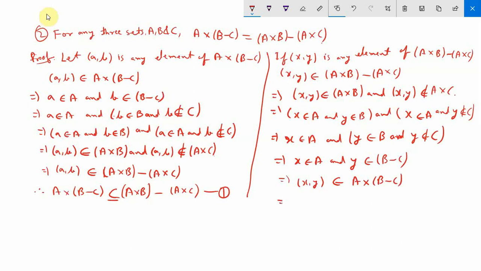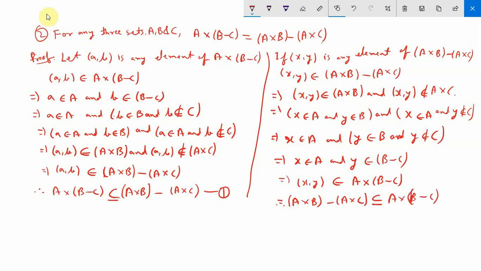And so we get (A × B) − (A × C), as (x, y) is an element of it, so this is a subset of A × (B − C).